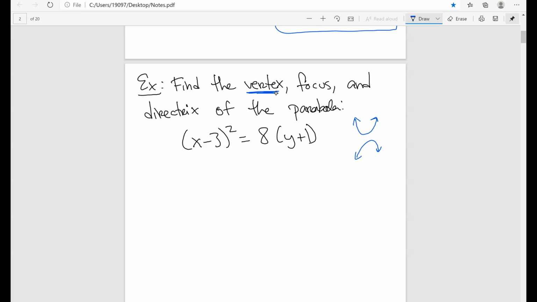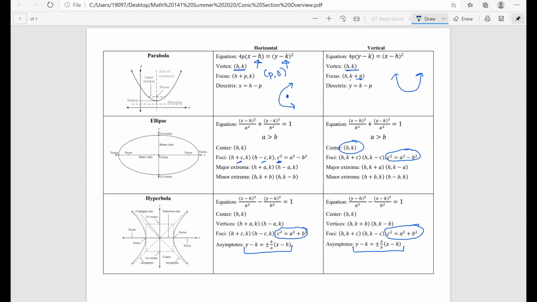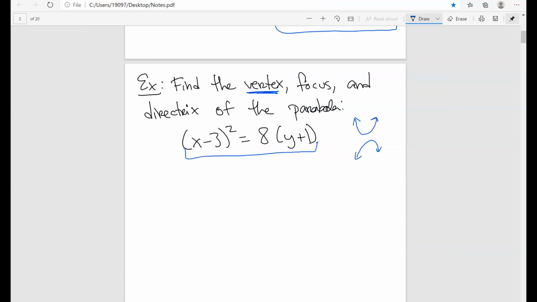So let's go ahead and compare this with the actual equation that's squared. So you can see that in this case, this is the one that I'm looking for. This 4p y minus k. So 4p y minus k is equal to x minus h squared. So that's what we want.